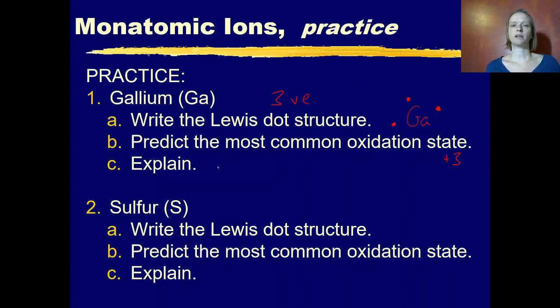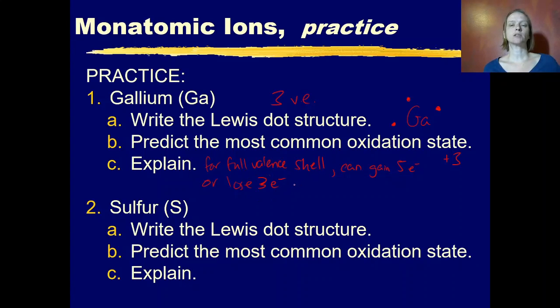So I can explain that. For a full valence shell, it can gain 5 or lose 3 electrons.